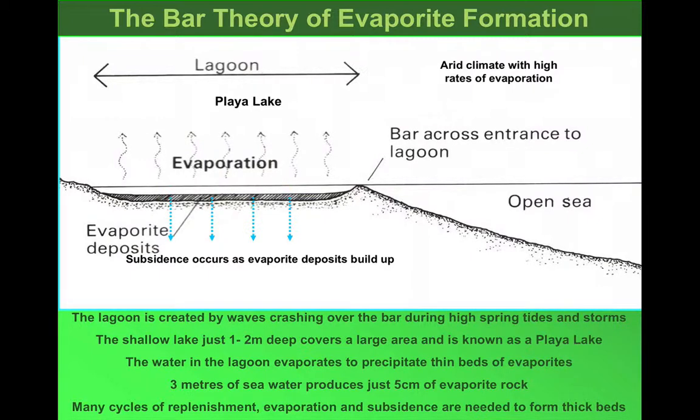We have got to remove a lot of seawater. For example, 3 meters deep of seawater, if you evaporate it off, will produce 5 centimeters of evaporite. So you need to have a lot of continuous supply to build up economic quantities of evaporite deposits.